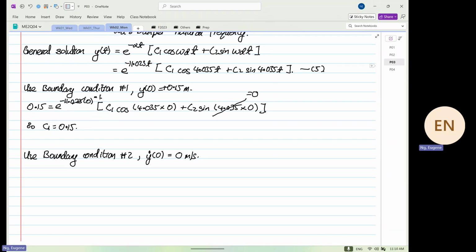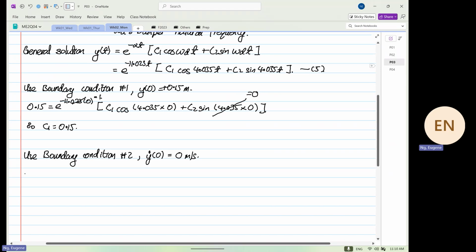So when you have this, what you need to do is we are going to differentiate. So this is equal to minus 11.023 e^(-11.023 t), bracket. So you differentiate what's outside first. Hold the inside constant. What rule is that called? Any idea? Anyone? Chain rule? I have not a clue.